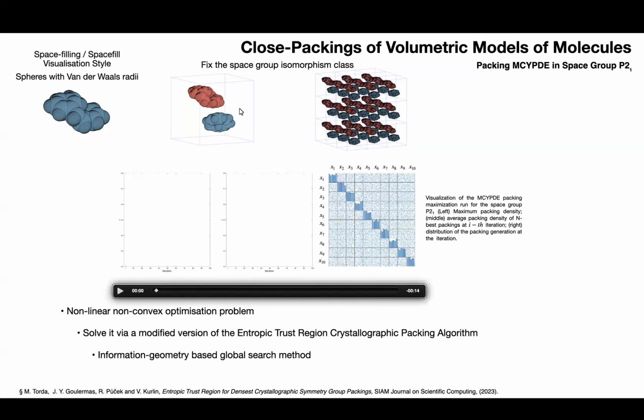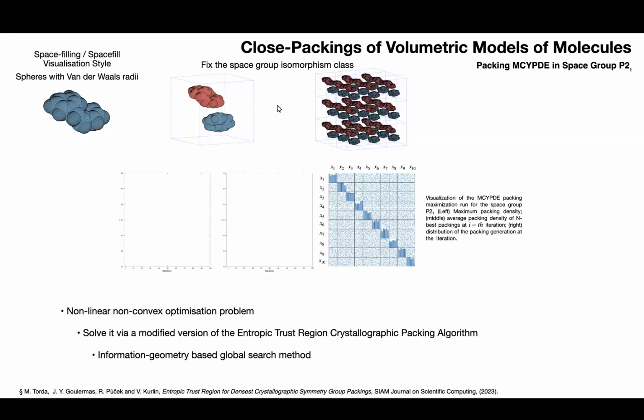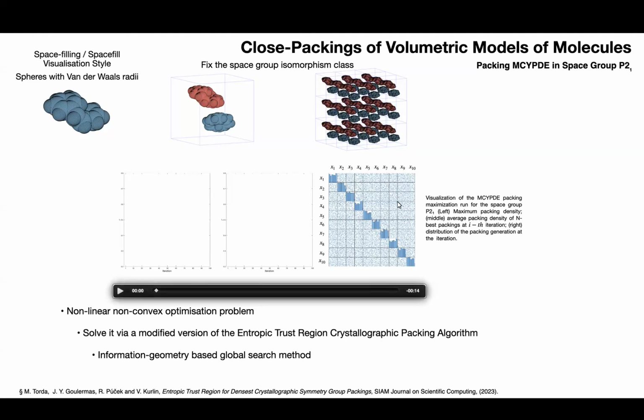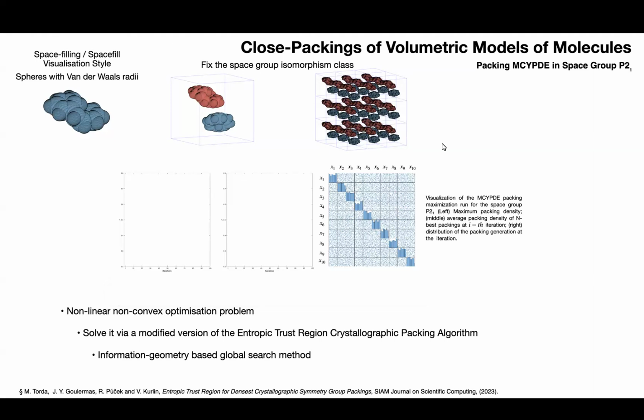So we fix a space group. In this case, it's the space group P21. And at the beginning, we sample the whole space group, and every point on the scatter plot is one sample. Then the method moves in the direction of the best samples.